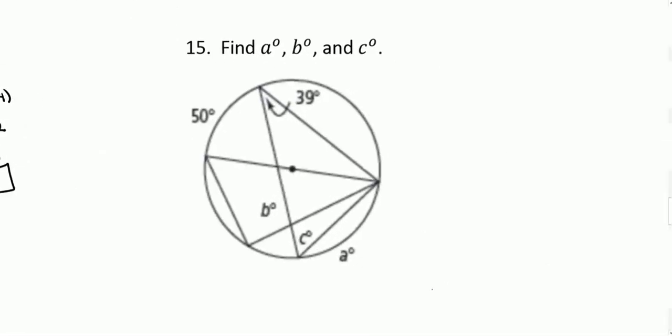For 15, we're looking for angles A, B, and C. So A is going to be 2 times 39, which is 78 degrees.